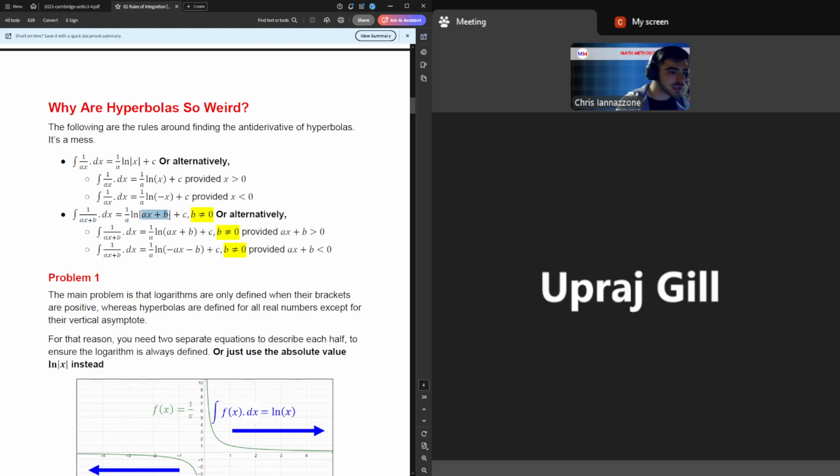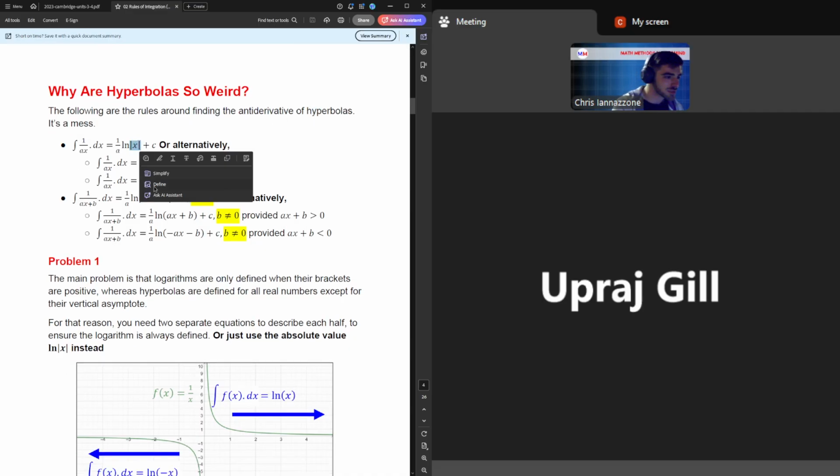Ax plus b, there is an a on the x plus b. Cool? Yeah. So it's just explaining a little bit about why there's no a on this x, whereas everything else in the formula sheet has an a there. This one's special because of what I just described.